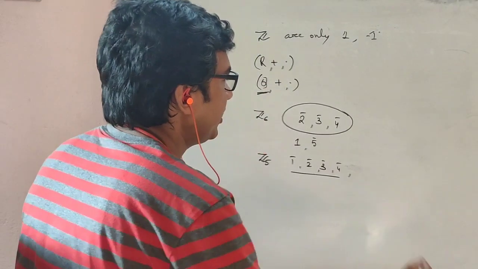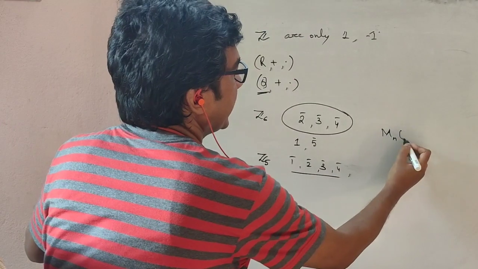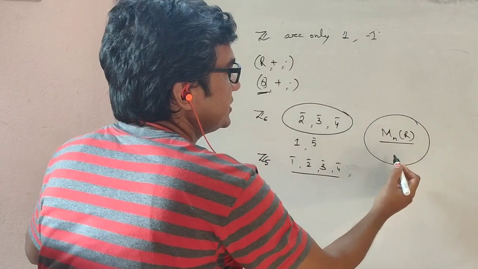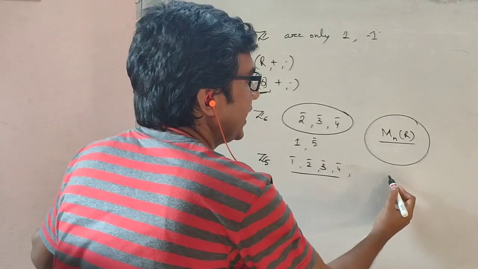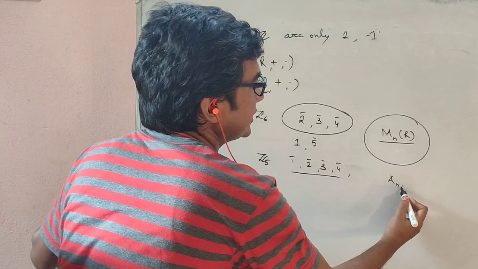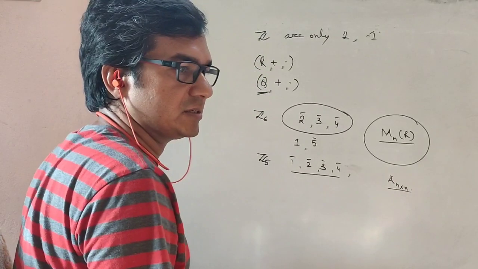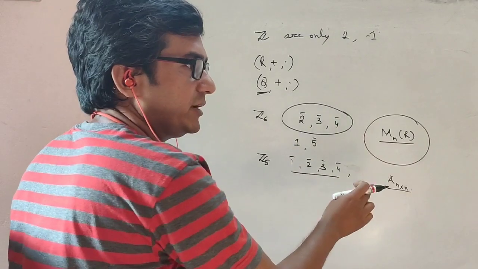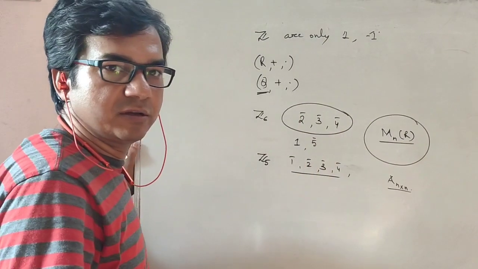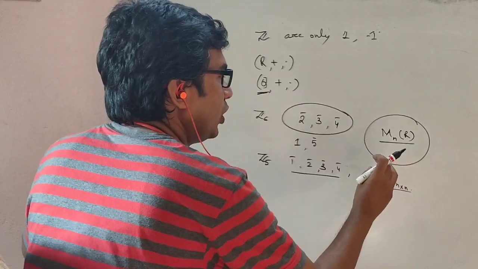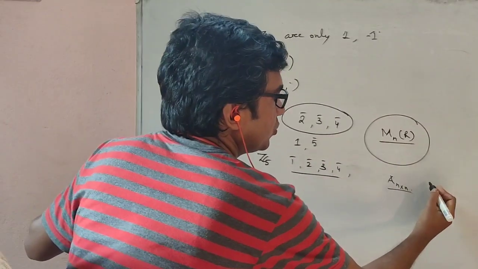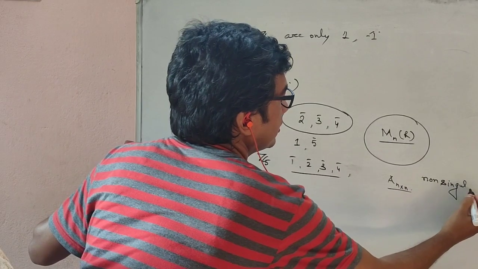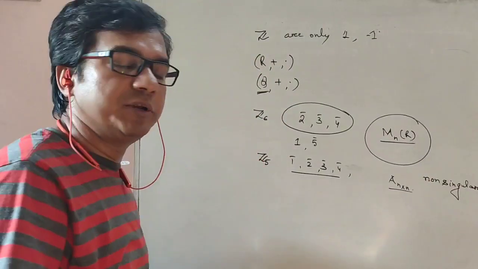And in M_n(R), the ring of n cross n matrices whose entries are real numbers, all the elements of this ring which are non-singular are unit elements.